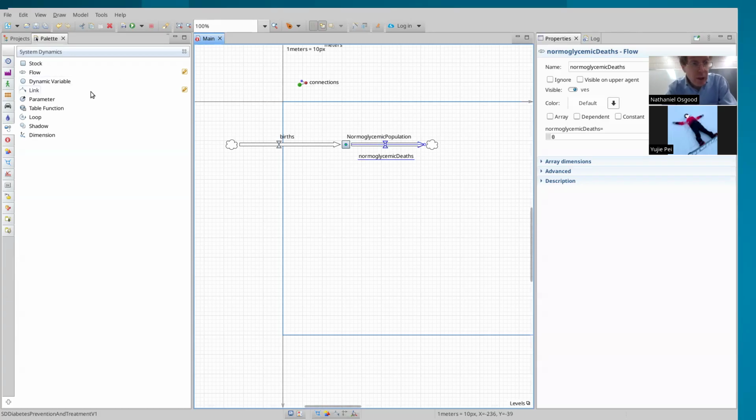Now, this formula is going to depend on an assumption. And an assumption is something that we want to make explicit. We want to make it very clear we've made this assumption. And we use a very specific construct in any logic to encode our assumptions called a parameter. A parameter describes this.